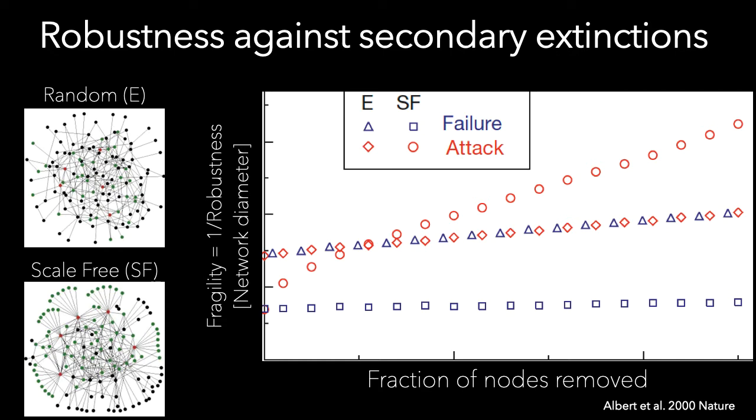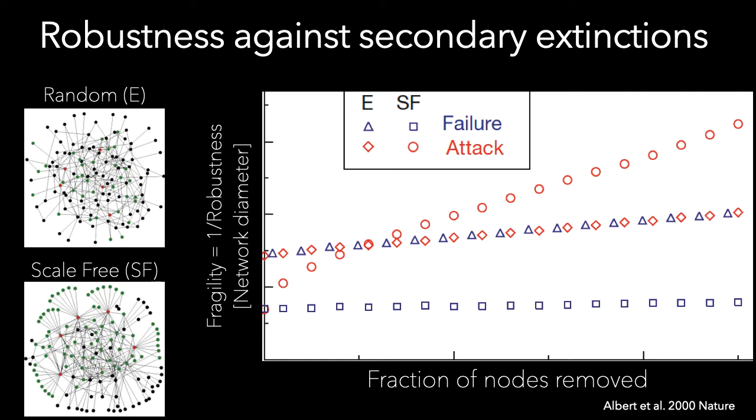The first one is a random network, and the second one is a scale-free network. The main difference between the two networks is mainly the degree distribution, the way that generalist and specialist species are interacting with each other. In random networks, there are few of these generalists and specialists.